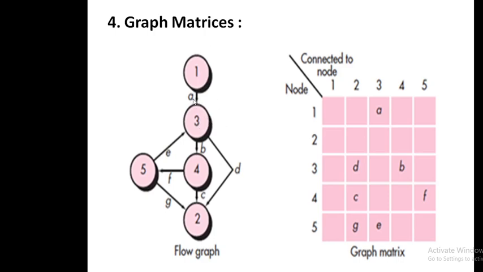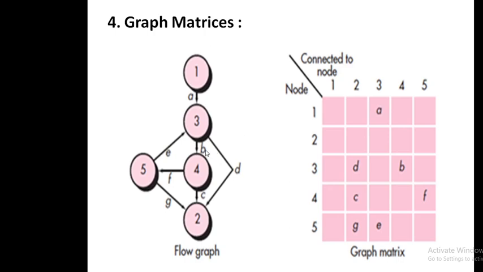For example, the value A flows from 1 to 3, that means first row, third column. The starting node 1 is treated as the first row and the ending node 3 is treated as the third column. So that cell will be filled by the value A.